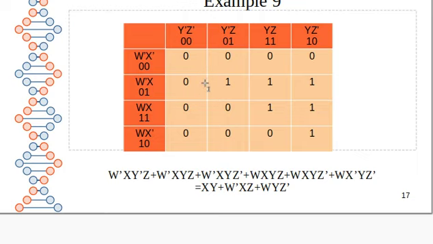Then for this pair we can see that w bar x is not changed, only y has been changed, so w bar x z. And for this quad w y z bar will remain in the expression. So this will be the final expression.